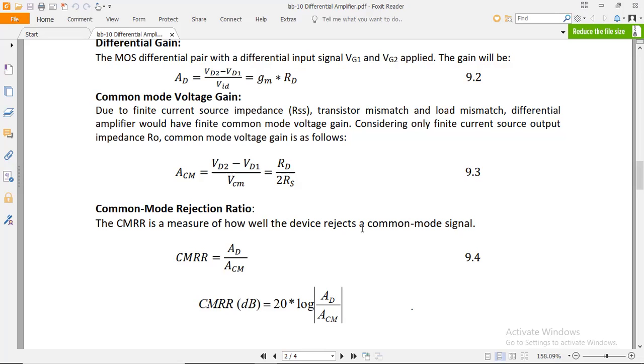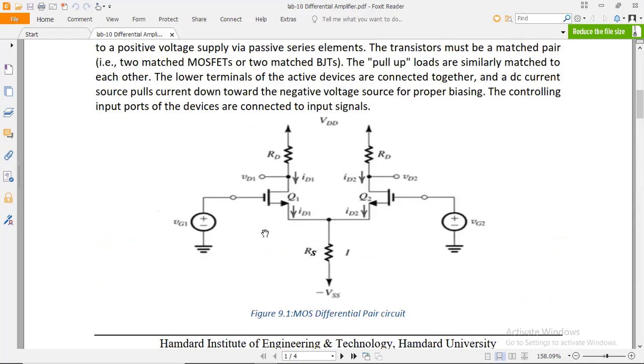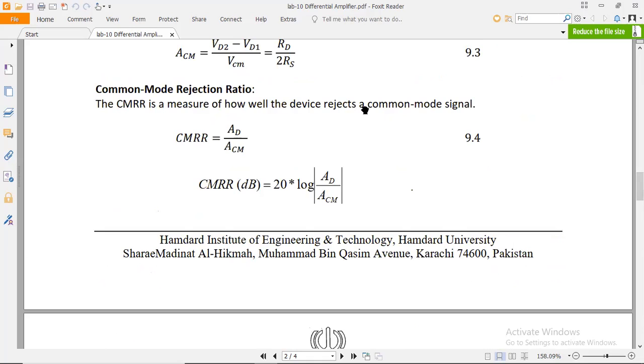A common mode signal is one where both inputs have the same kind of supply, in the form of current or voltage, when you provide it to the amplifier. Both the supplies are the same, and the common mode rejection ratio measures rejection of that signal. So how can we find it? The differential gain over the common mode gain. The ratio of these two gives us the common mode rejection ratio.